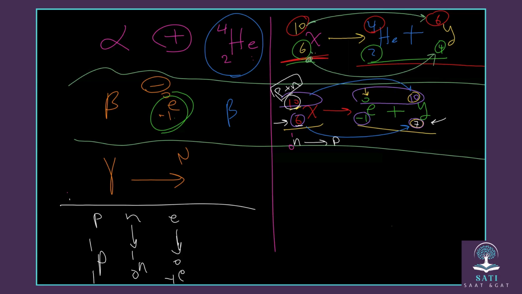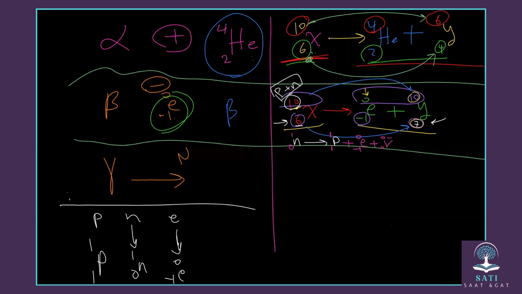The proton, as you know, is 1 here and 1 here. When this neutron is changed into a proton, it will emit beta. And beta, as we know, is an electron, -1 here and 0 here, plus something we call an anti-neutrino, like V, with 0 and 0.